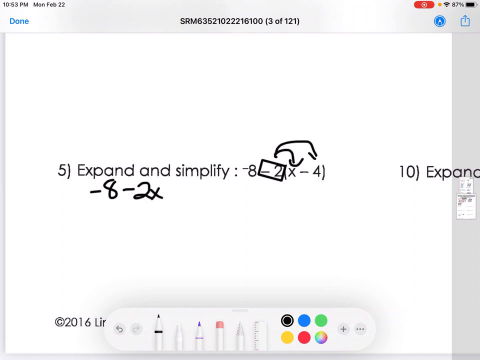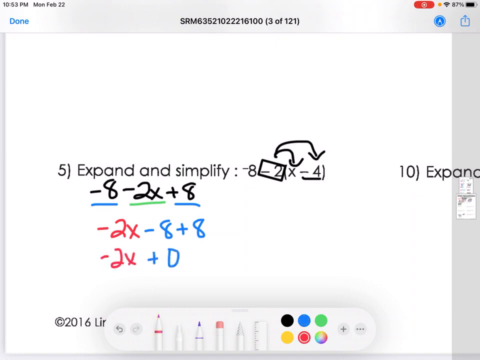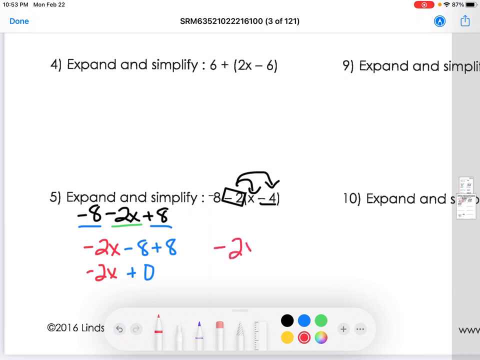And negative 2 times negative 4 would be positive 8. So now I have a negative 8 and a positive 8. Then I have a negative 2x. So I want to write my variable first. So negative 2x. And then I want to combine my like terms. So negative 8 plus 8, which would be 0. So I could just simplify this to negative 2 times x.